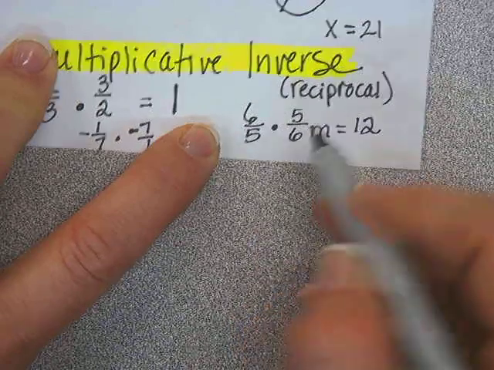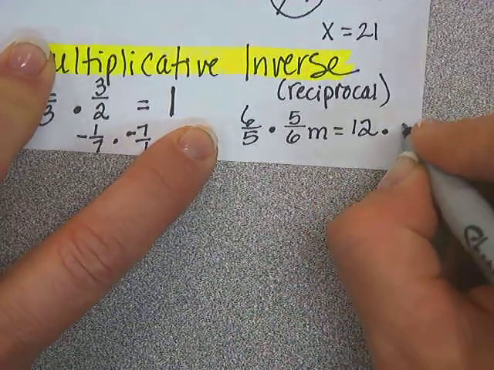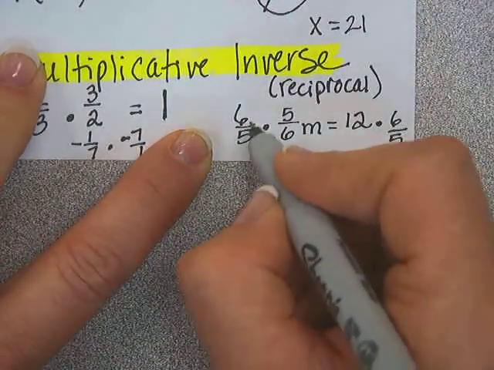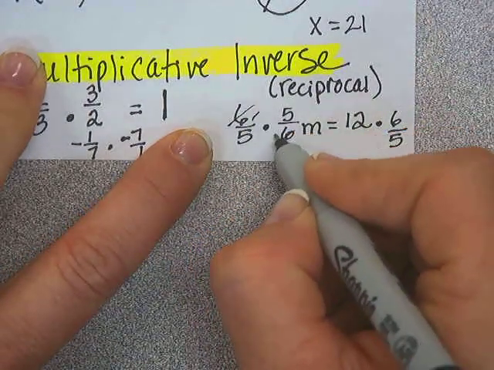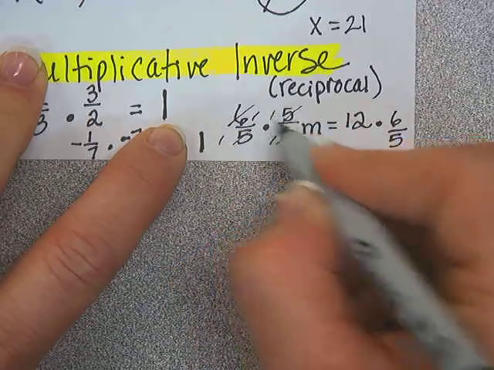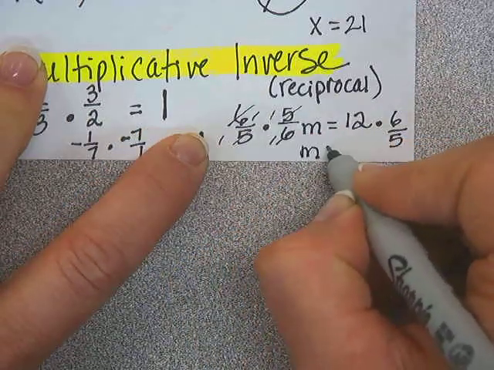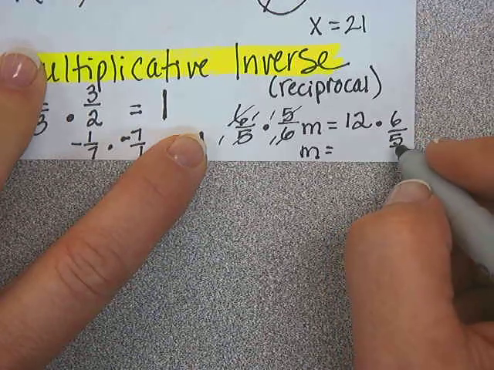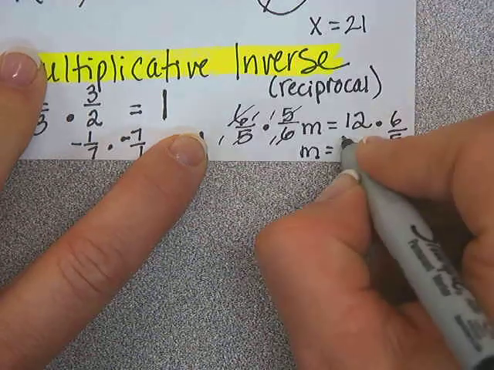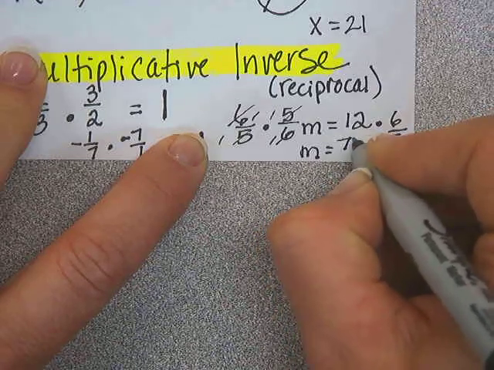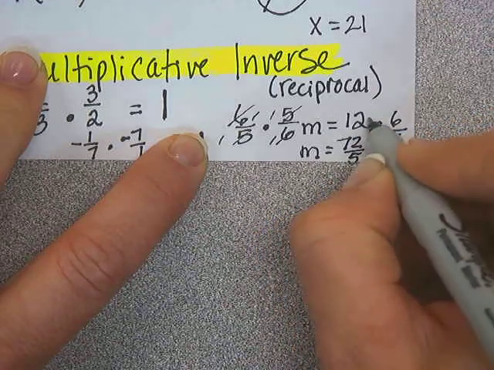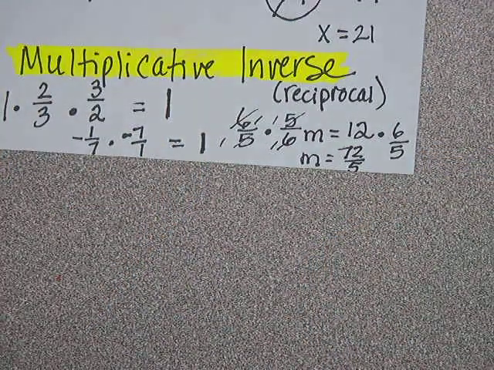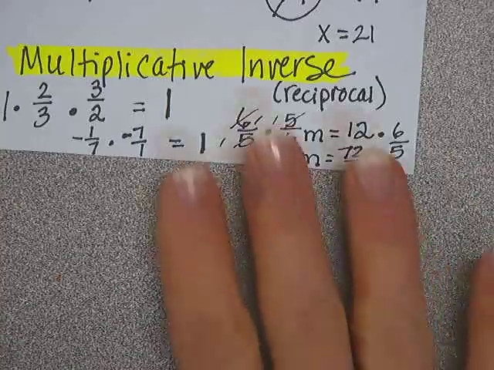So we're going to multiply on this side by the inverse of 5/6, which is 6 over 5, and we're going to multiply this by the inverse, which is 6 over 5. Notice that these are all going to cancel, and we're left with m equals, let's see, 60, no, not 60, it's going to be 72 fifths, because 6 times 12 is 72, the denominator is 5.